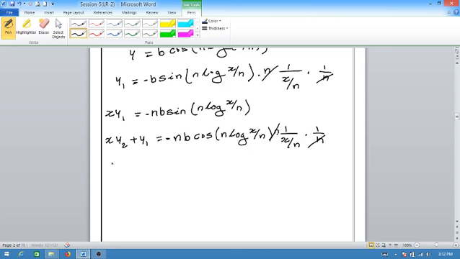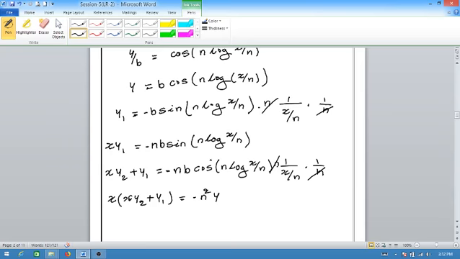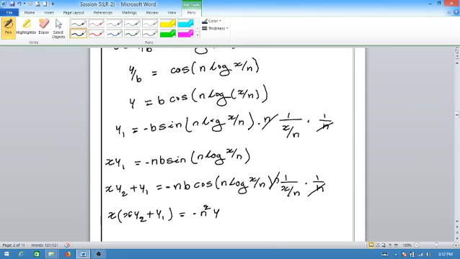So now x you have to multiply here, x into x y2 plus y1 is equal to minus n square, right? So b into cos n log x by n is y. So here y is equal to b into cos n log x by n is y.